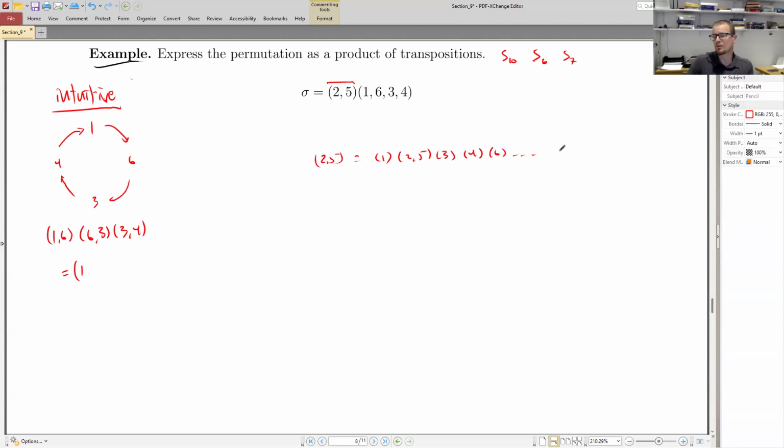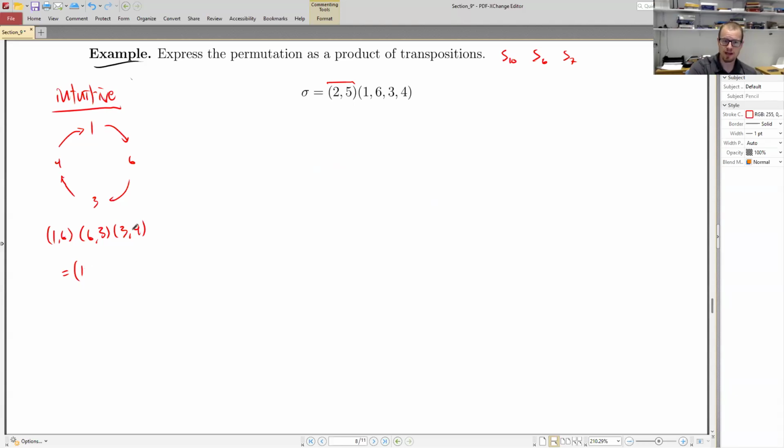But you don't know what we're working in here. If we're working in S10, we would go all the way up to 10. If we're working in just S6, then this is where we could end. We don't write down those fixed elements. Anyway, I'm going off on a tangent. I apologize. What we're interested in is where does 1 go to?